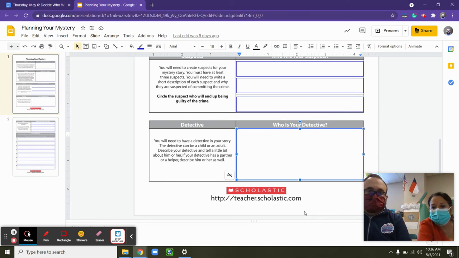What we are seeing, Mr. Herring and myself, is that you are filling out this planning map before we even instructed you on the lesson. So you can't work ahead. Please do not work ahead. Otherwise, we're going to have you redo it, and that takes up more time for you. And it definitely takes more time for us because then we have to go back and double check our work. So make sure that you're staying focused, stay on track, and let's have fun with these mysteries.